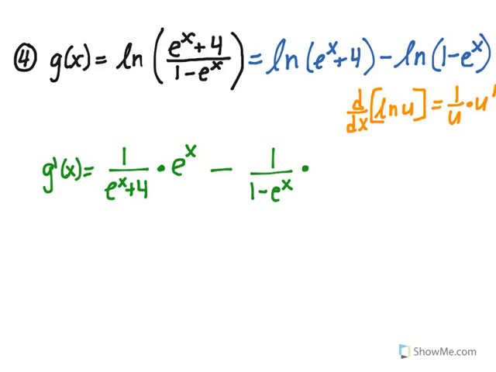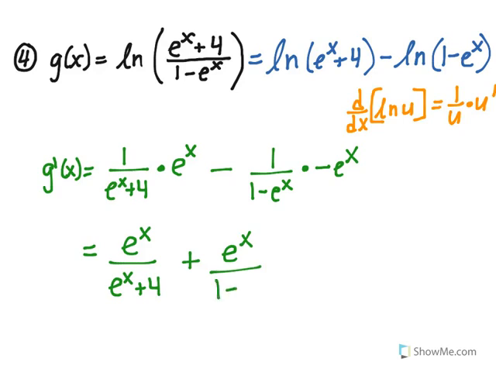So the derivative of 1 is 0. Then I have negative derivative of e to the x is e to the x. Again, don't worry about a common denominator here. You can just make sure you condense the fractions down a little bit, and you'll be all set. Be careful here, you have negative in the middle and then a negative at the end, so this really is a plus e to the x over 1 minus e to the x. So you can stop here.